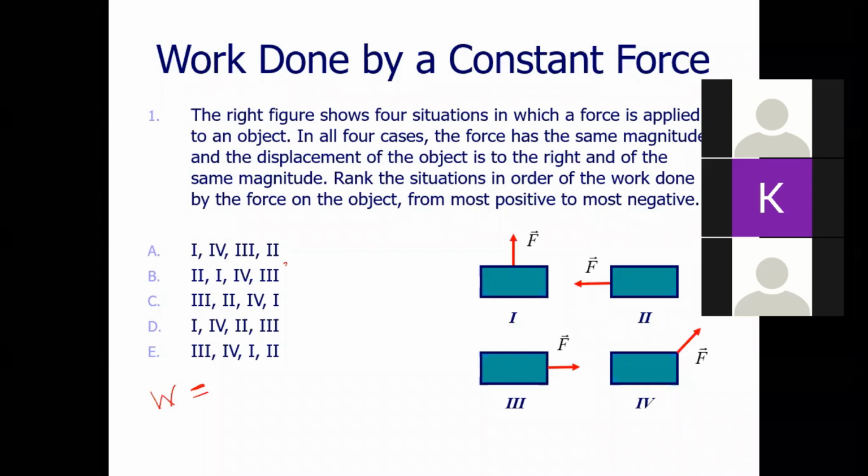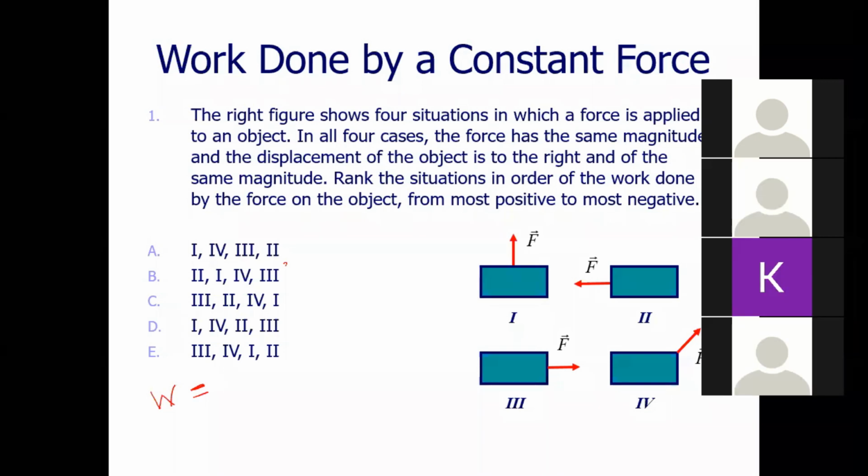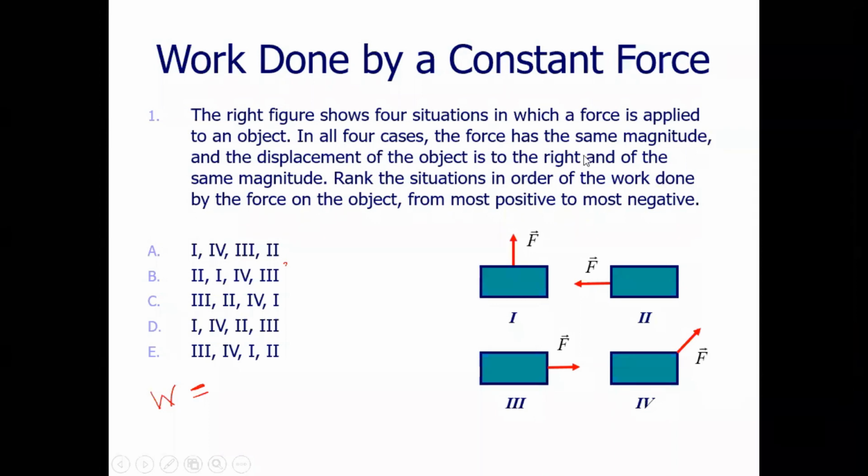We might say the product of force and displacement. Okay, so the work done is basically the dot product of the net force acting and the displacement. Both of these are vectors.